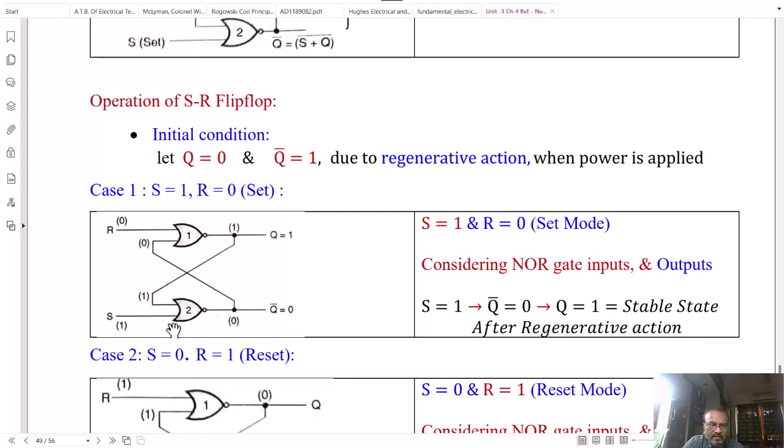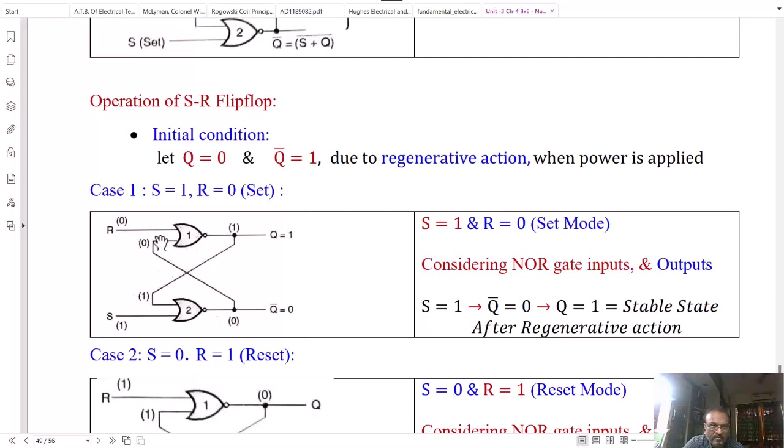Consider the lower NOR gate as an OR gate followed by a NOT. When S is equal to 1, the OR operation output is 1 and its complement is 0. Therefore, Q bar equals 0. When S equals 1, Q bar will be pulled to 0.